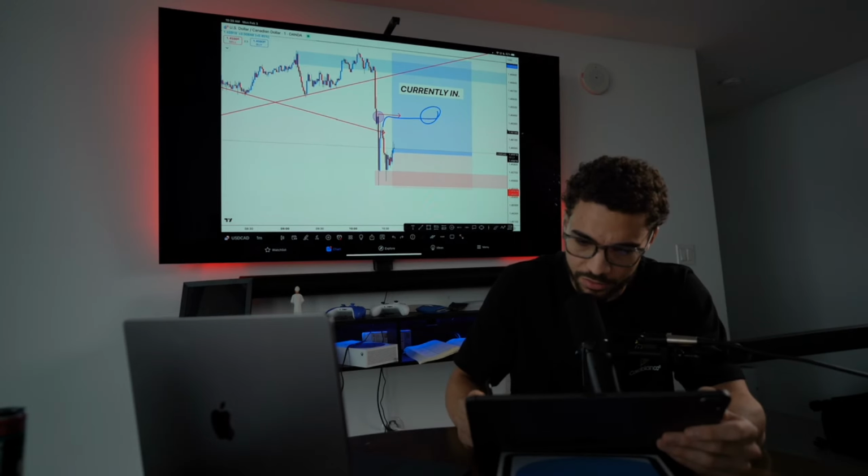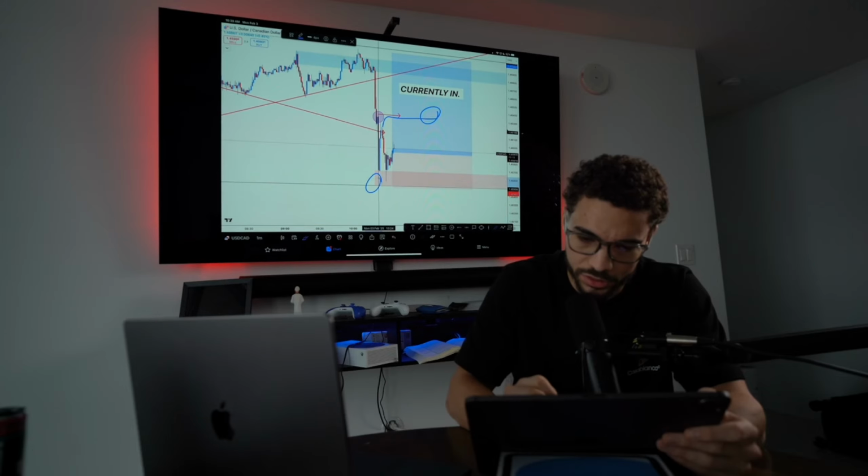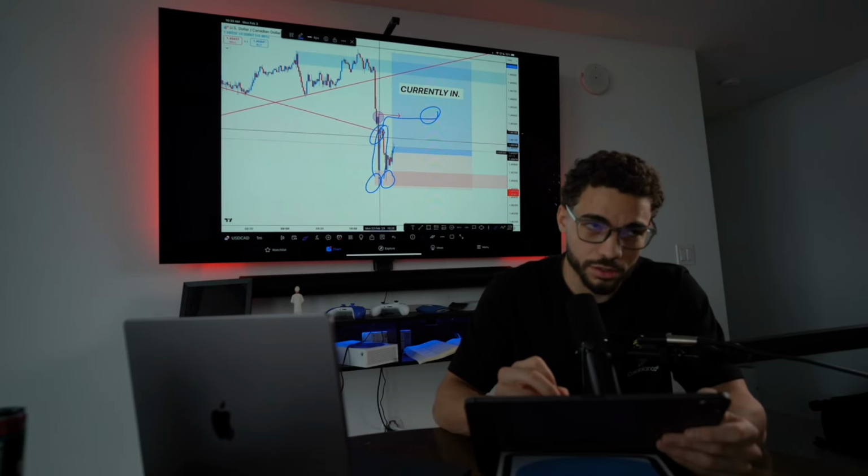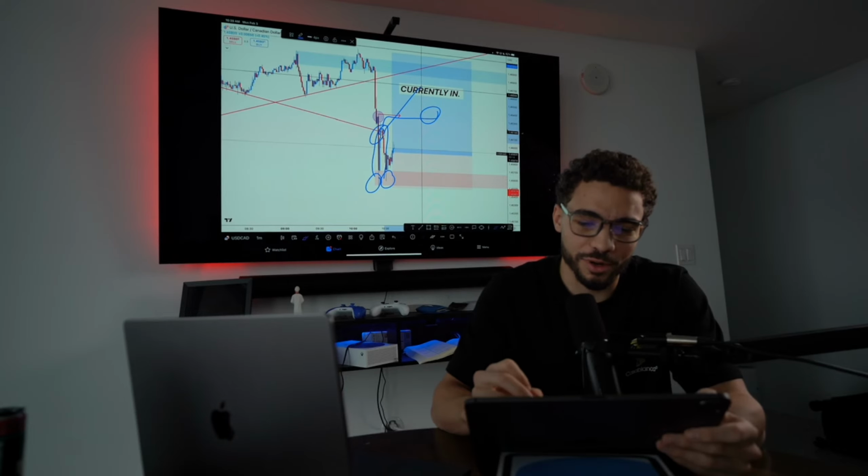You guys can see we have touches right here, and you can see where it drops over here at the top, and then I'm expecting it to continue to go up.